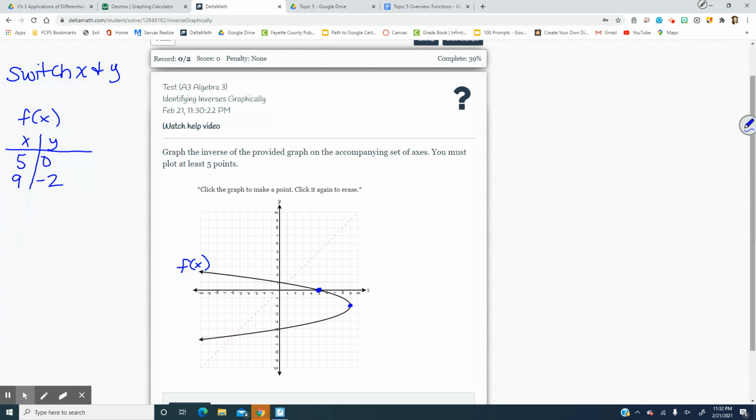This line is really crooked. Let's see where there's another point. There's a point at 5, -4. And we had to plot at least 5, so let me pick 2 more. There's a point at 0, 1. And then there's a point at 0, -5.